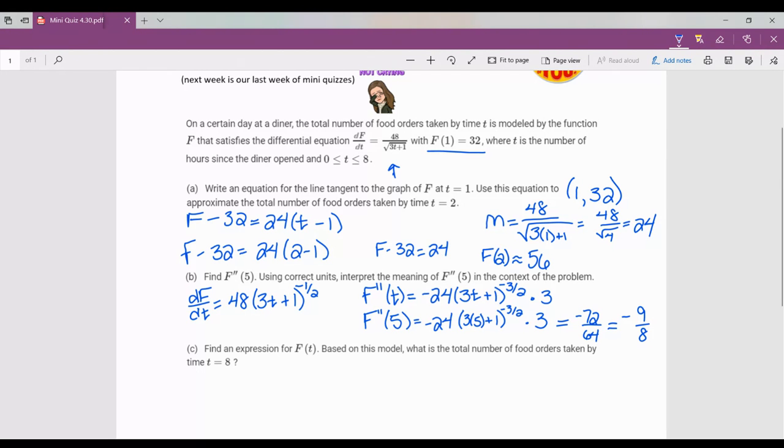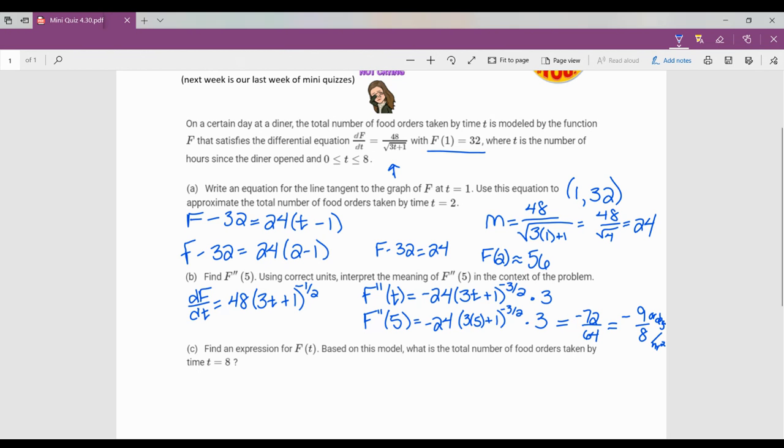All right, my units are, well, it's number of orders per hour squared. So orders per hour squared. That was really messy writing.